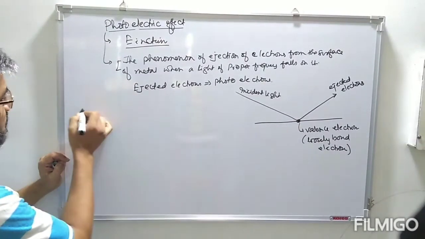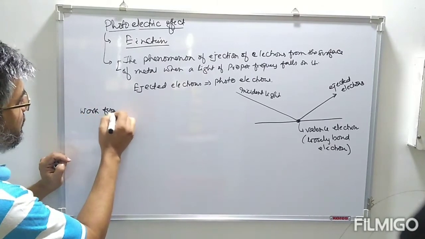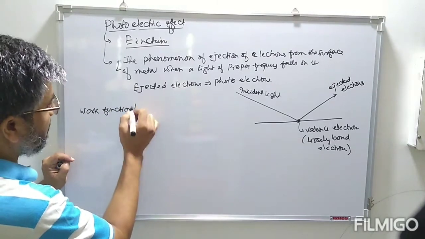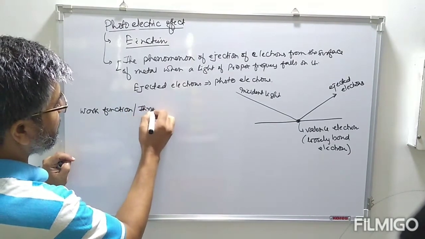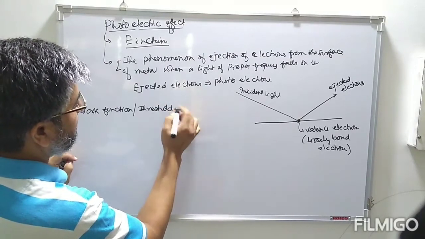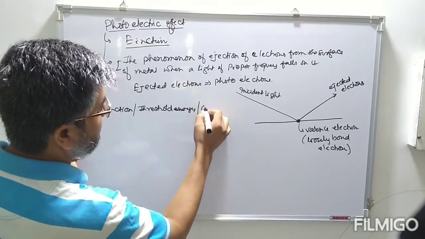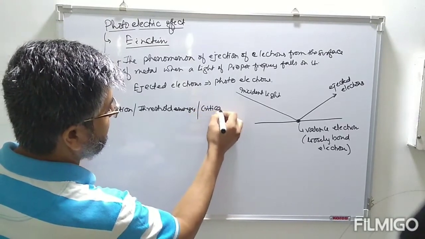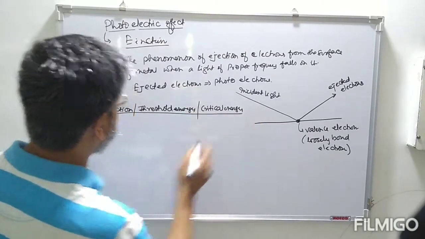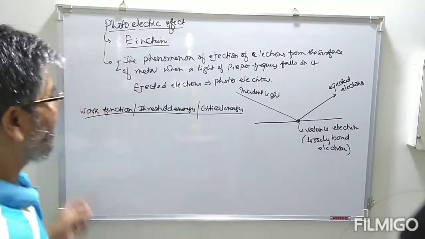So we have some term, that is work function. This is also known as threshold energy, or also known as critical energy. So we have a term work function or threshold energy or critical energy.